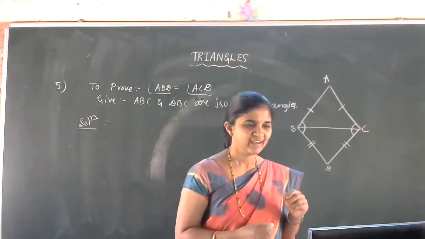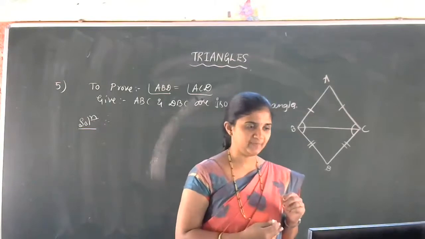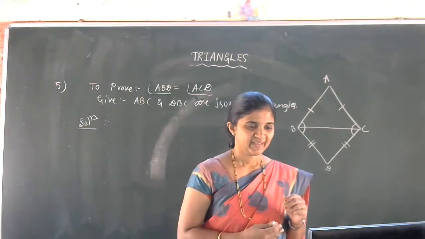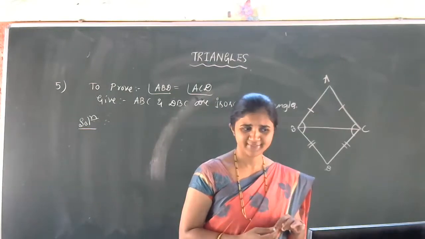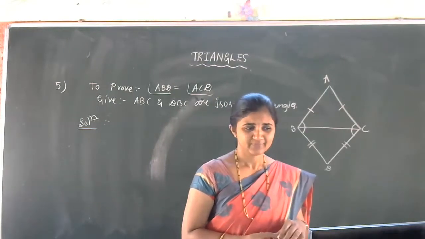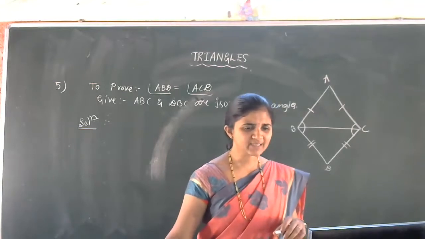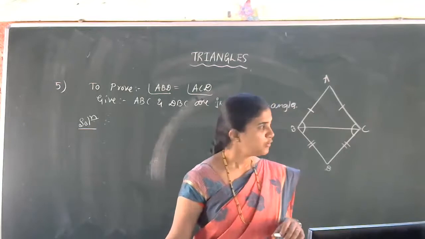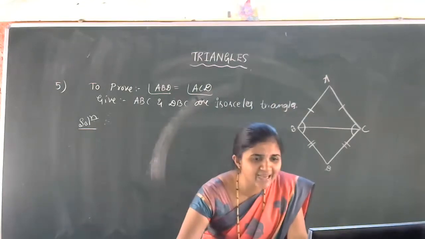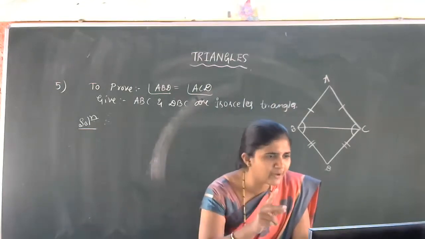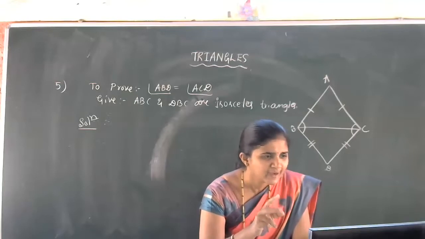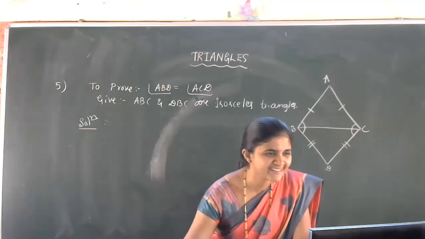Now what do we have to do with these two equations to get the result? We have two results, this angle equal to this and this angle equal to this. What do we have to do with them so that we can reach the proof?